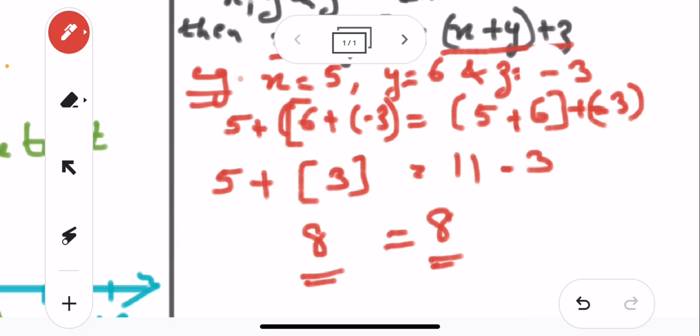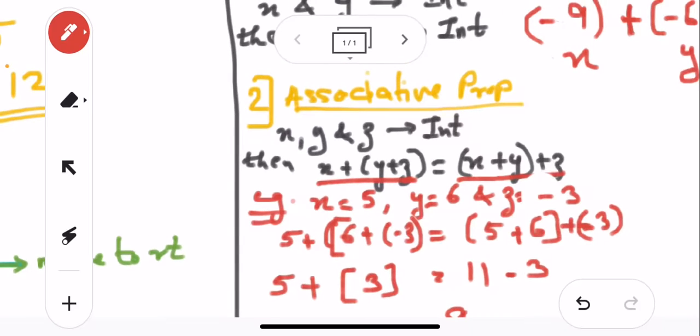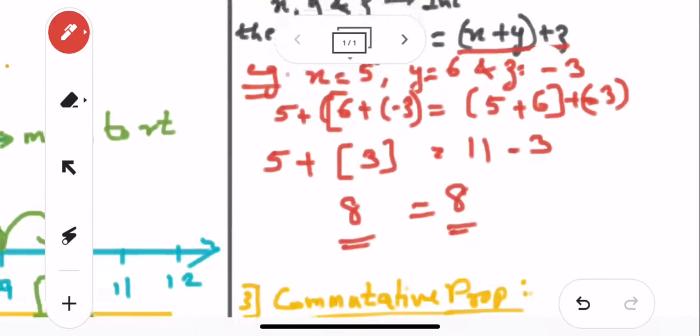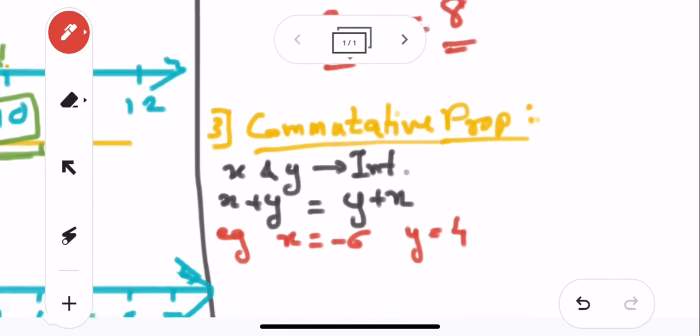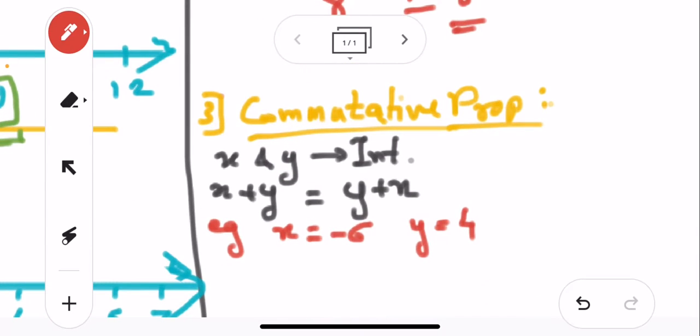So this way we can do the associative property for integers. The next property is the commutative property. Suppose x and y are integers, so x plus y and y plus x will be the same.